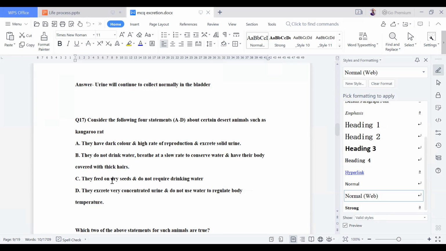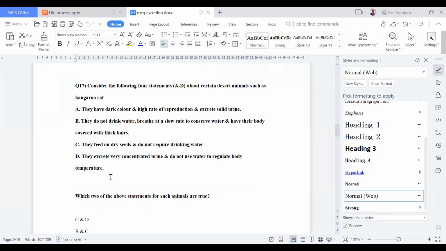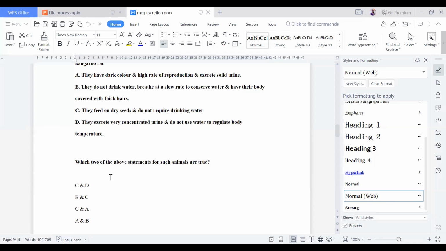C: they feed on dry seeds, do not require drinking water. Statement D: they excrete very concentrated urine, do not use water to regulate body temperature. Which two of the statements for desert animals are true? C and D, B and C, C and A, B.